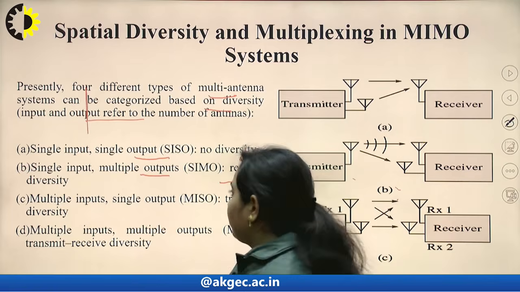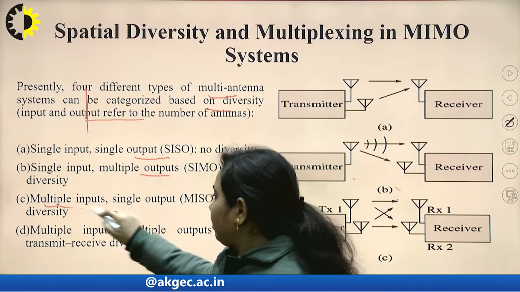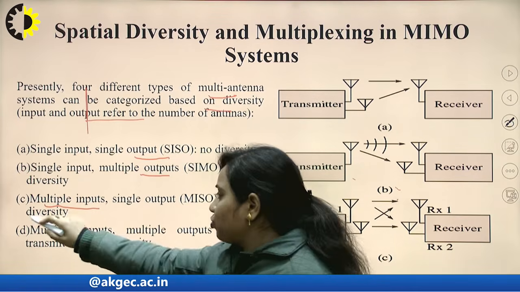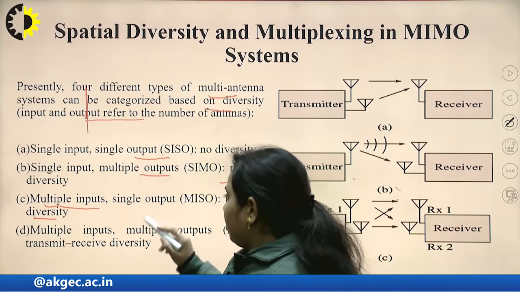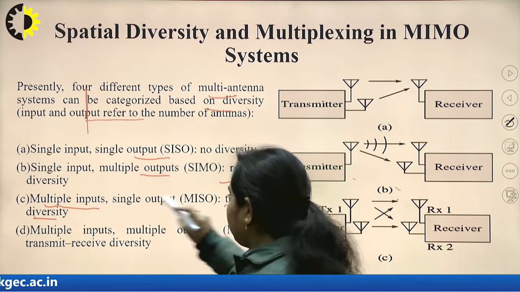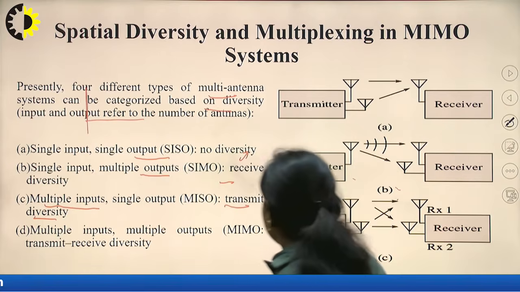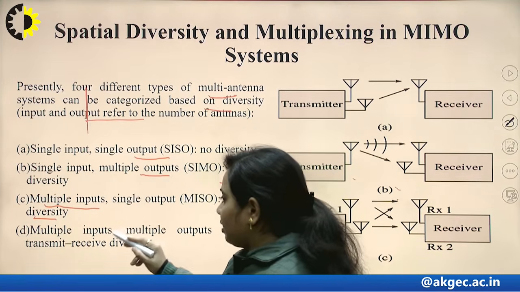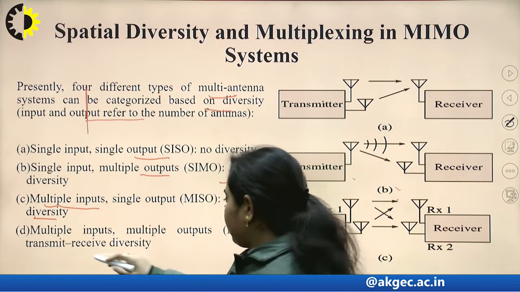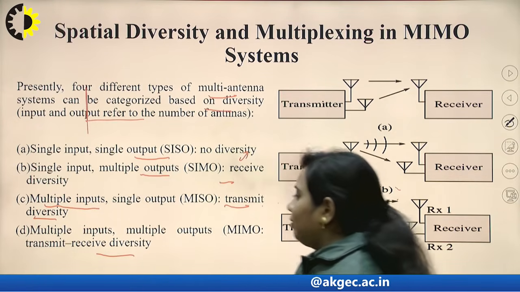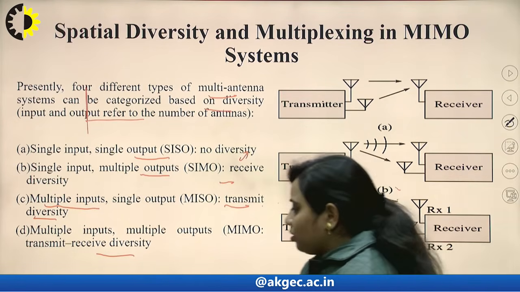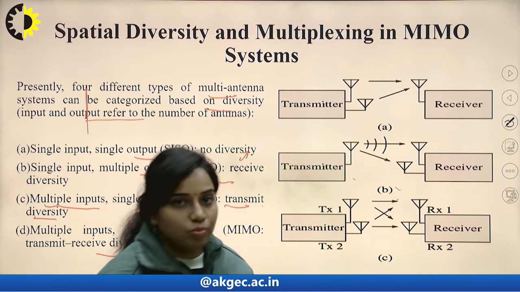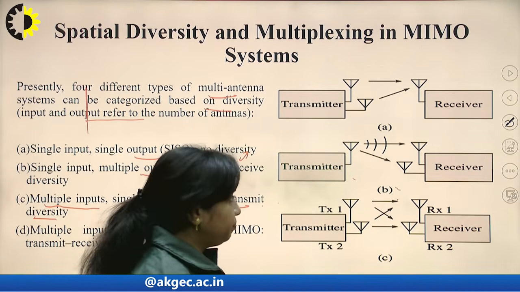Now you can see over here that when multiple inputs are there, this will be a transmit diversity. When multiple outputs are there, that will be considered a receive diversity, and when both are used, multiple input and multiple output, that is known as MIMO, which is transmit receive diversity. So the diversity is used both at the transmitter and receiver side.